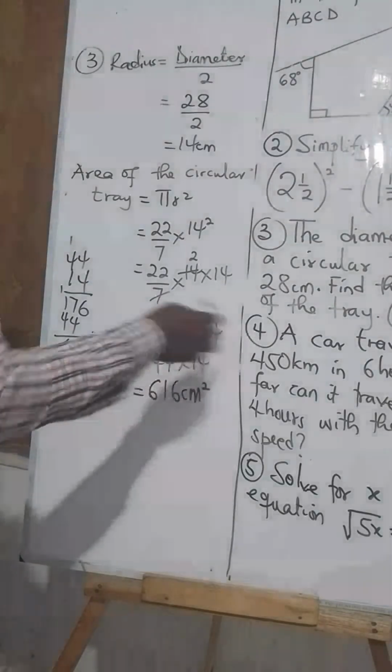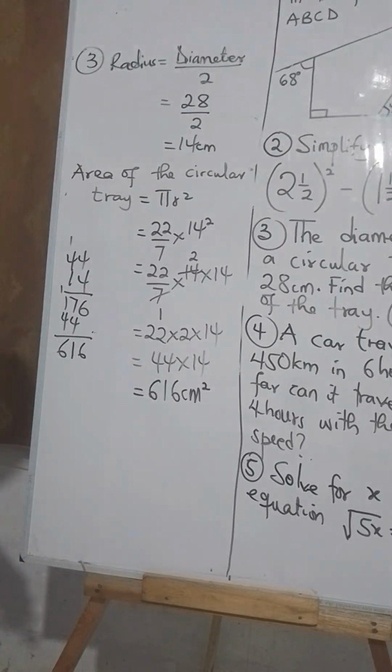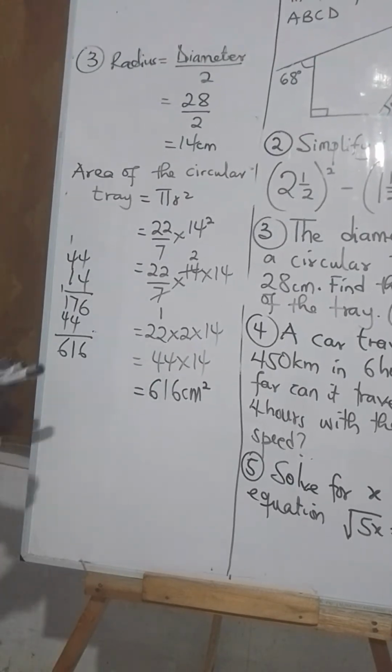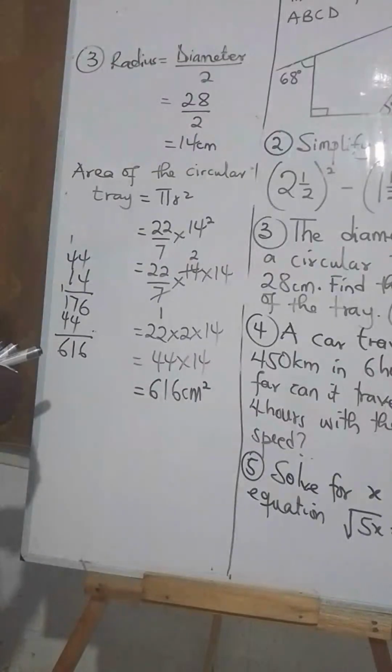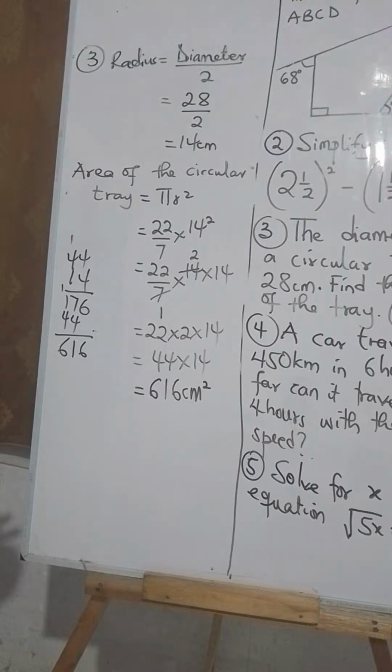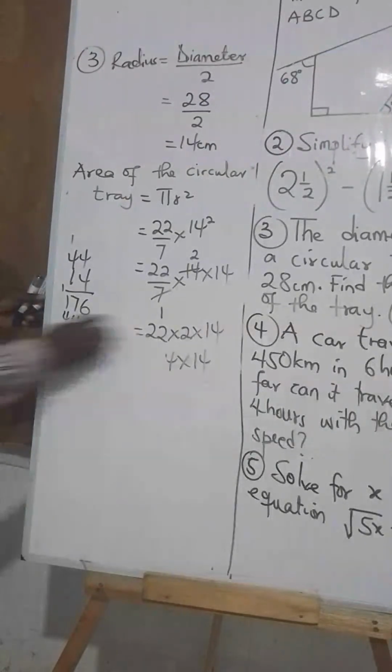The next question here said a car travels 450 kilometers in 6 hours. How far can it travel in 4 hours with the same speed? With the same speed, right?